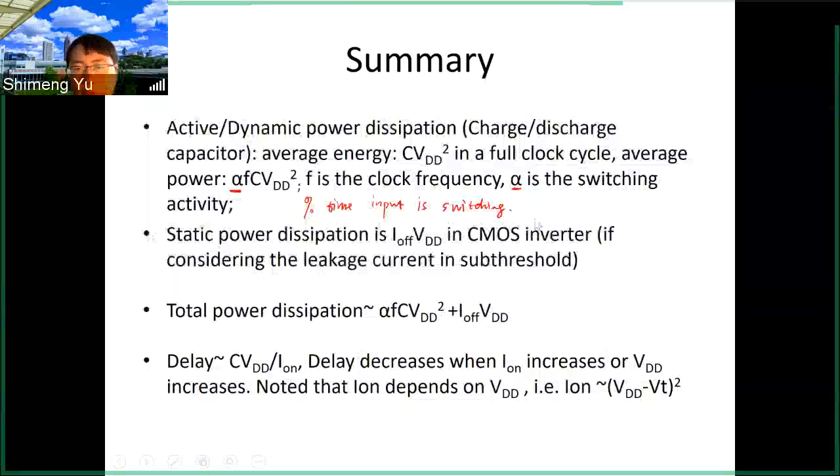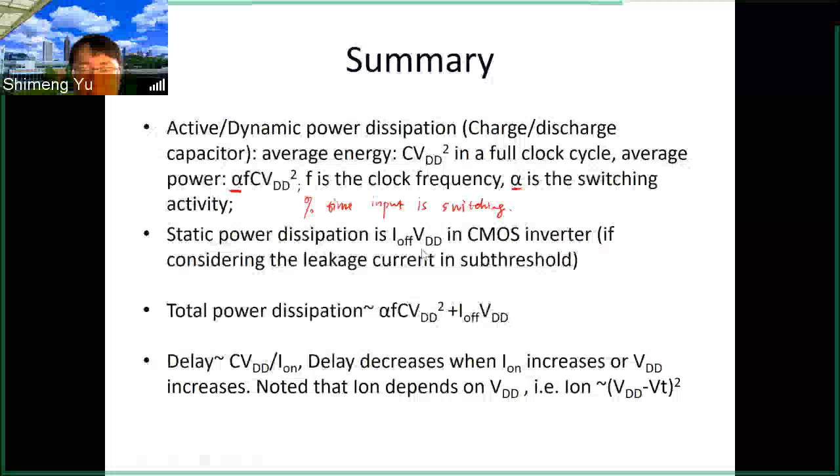For example, if 10% of the time the input is switching, then the active power will be 10% of this maximum clock frequency based power dissipation. So this relates to how often you switch the input. The static power dissipation is just I off multiplied by VDD for one inverter.